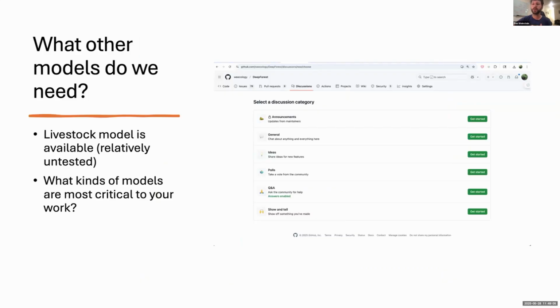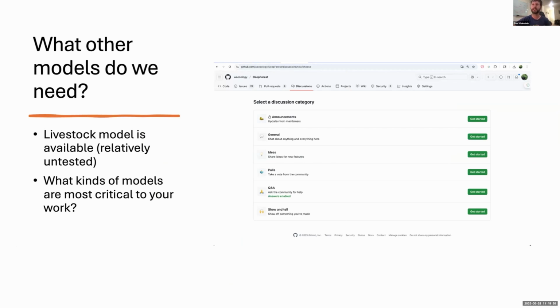So just moving briefly through other pieces of Deep Forest, because we just start with trees and we're with birds. We have a livestock model, which is relatively under-tested for things like cattle and other pieces. And what I would really love from the community is if you could go to Deep Forest and the GitHub repo and just start listing what are the kinds of data sets we need, what are the kinds of models we need.